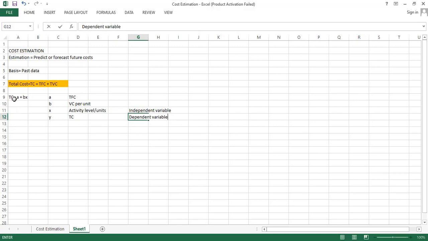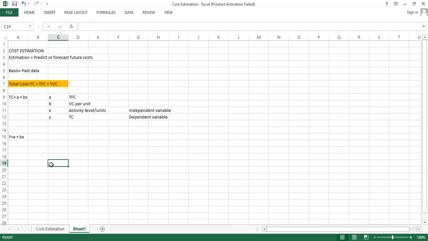So the total cost equation can then be summarized as Y equals A, remember, plus BX.